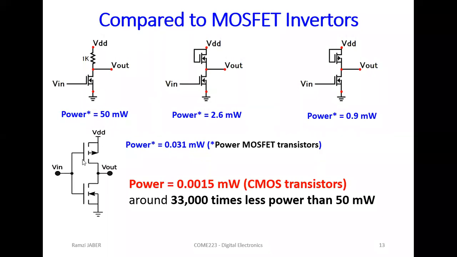When we put PMOS at the top, NMOS at the bottom, and use the golden rule of CMOS technology, the power will be reduced more than 33,000 times. Okay, imagine this big advantage till today.